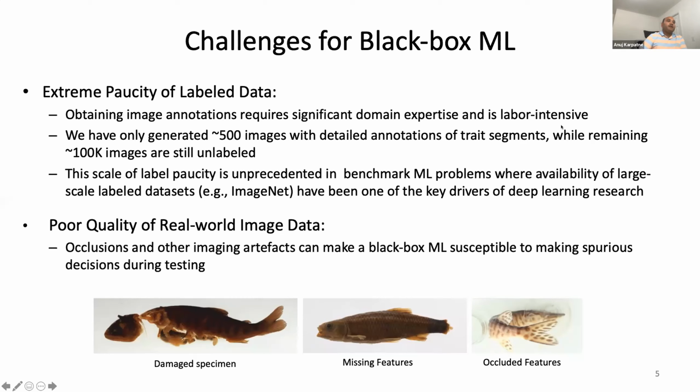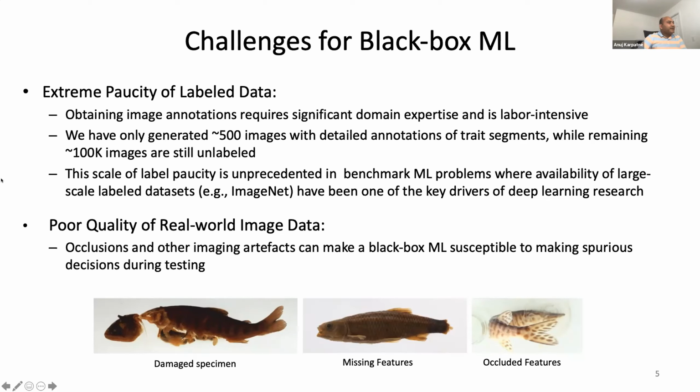For example, if we talk about the problem of trait segmentation, we have more than 100,000 images that we are currently working from a museum collection data set. And through our efforts, we have been able to annotate about 500 images out of these about 100,000 images, because labeling the traits in these images requires significant domain expertise, right? And it's time and labor intensive.